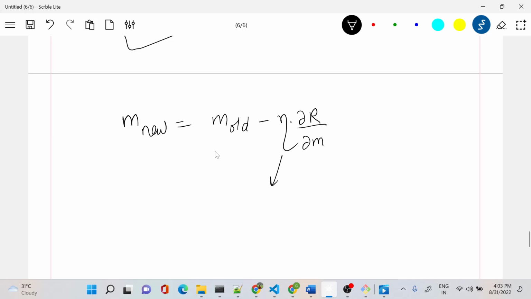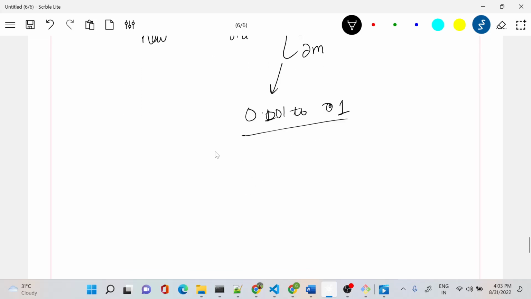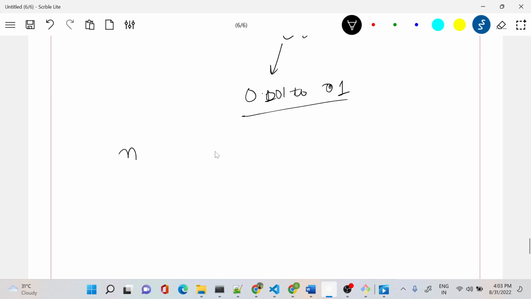Learning rate is a small parameter that we set ourselves, and it lies basically from 0.001 to 1. Most of the time that I see this learning parameter, we keep it as 0.1 for the sake of convenience.